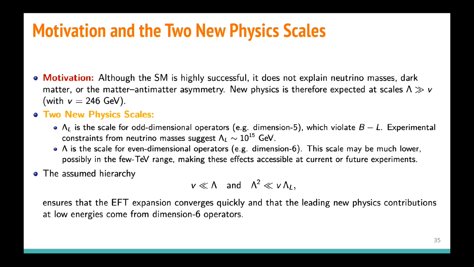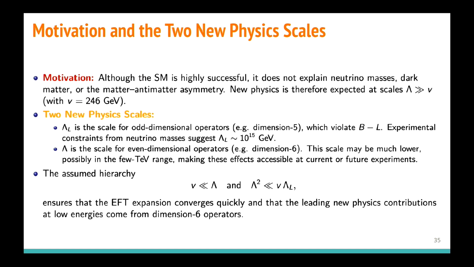So we can take a completely different energy scale lambda for even dimensional operators like dimension 6 or 8, and this scale may be much lower, almost reachable at the Large Hadron Collider or other colliders, possibly in a few TeV range.